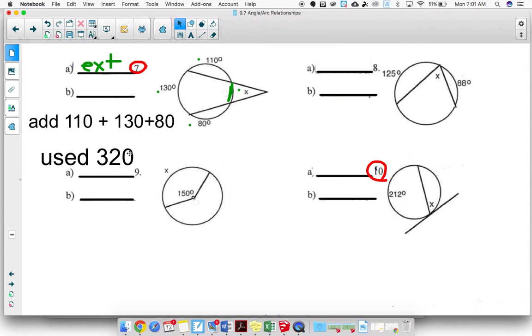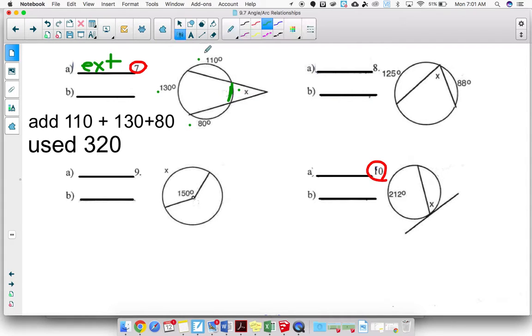So if we've used 320 degrees, that means this missing arc would have to be 40 degrees. Now that's not the angle, but that's this curved part. So now that I know the two arcs, I can get my angle by taking the big arc, 130, minus the small arc, 40, and then dividing that by 2. So 130 take away 40 is 90. 90 divided by 2 is 45.